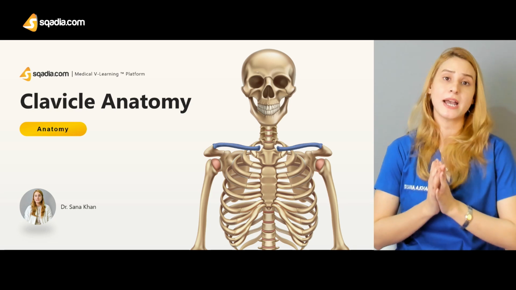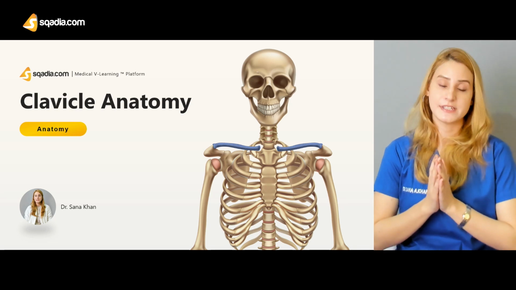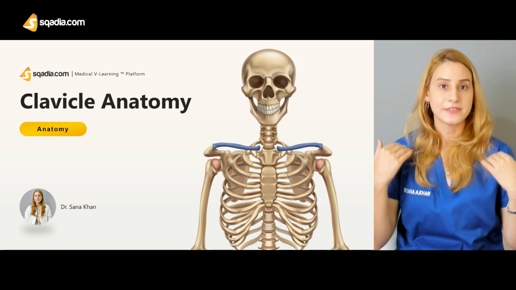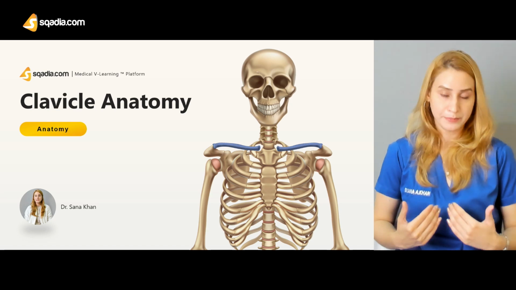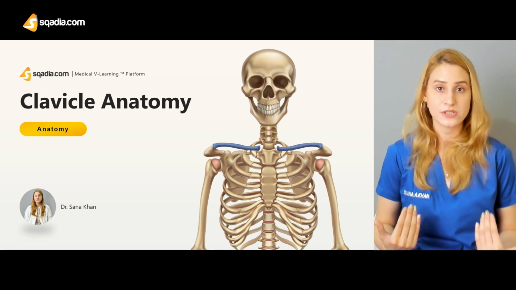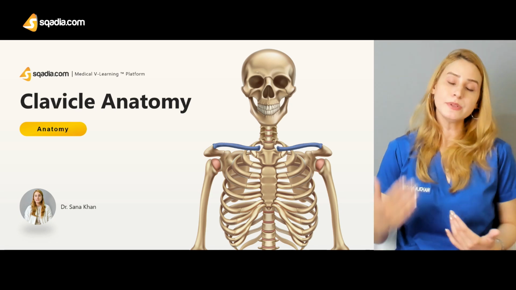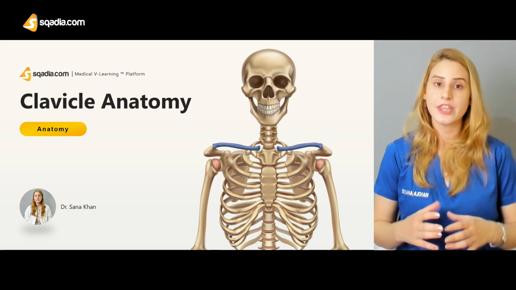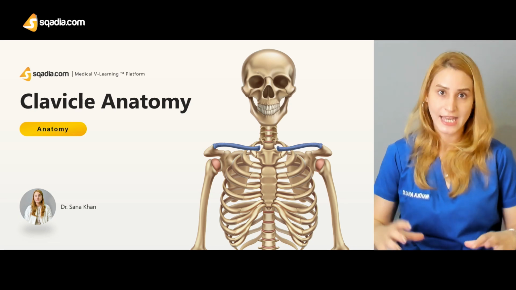Now, when you talk about the appendicular skeleton, we have the scapula, the clavicle, the sternum bone, and the ribs, and the costal cartilages in the skull. So we will be discussing these bones one by one, their important basic anatomy.